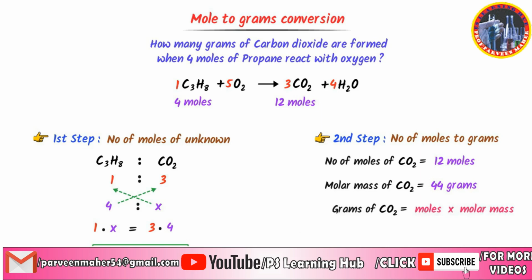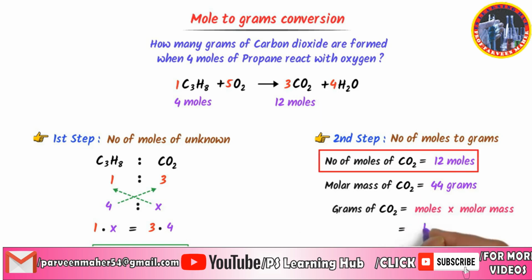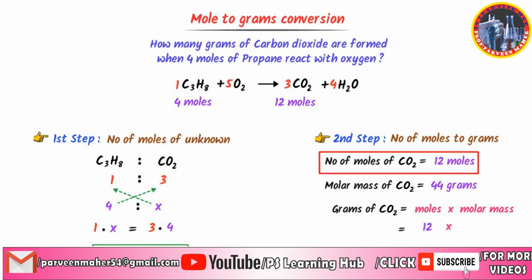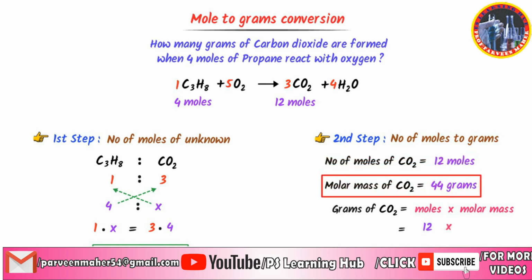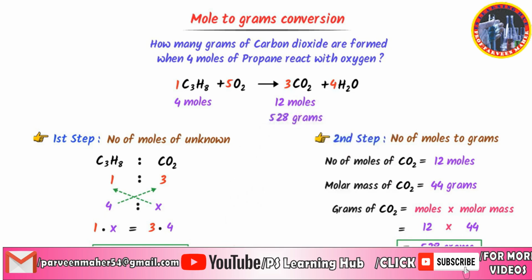We know that the number of moles of carbon dioxide is 12 moles into the molar mass of carbon dioxide is 44 gram. After calculation, I get 528 grams of carbon dioxide. Therefore, we say that 4 moles of propane will react with oxygen to form 528 grams of carbon dioxide.